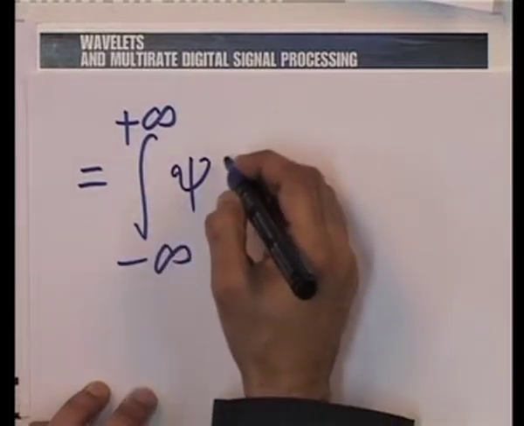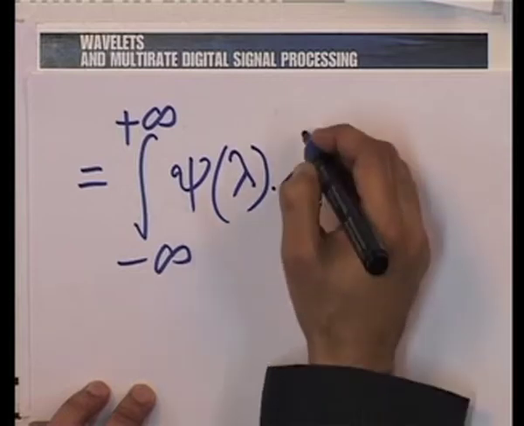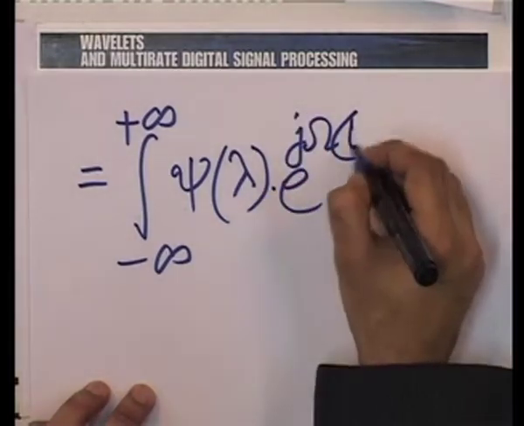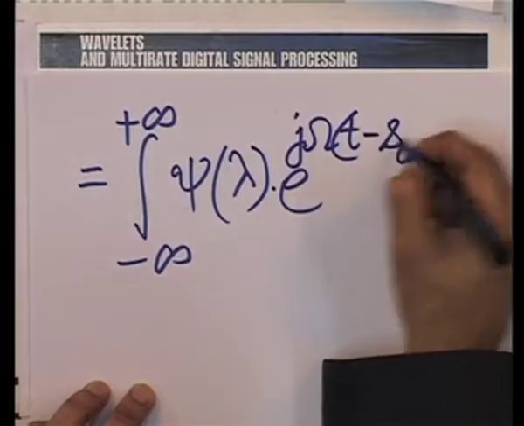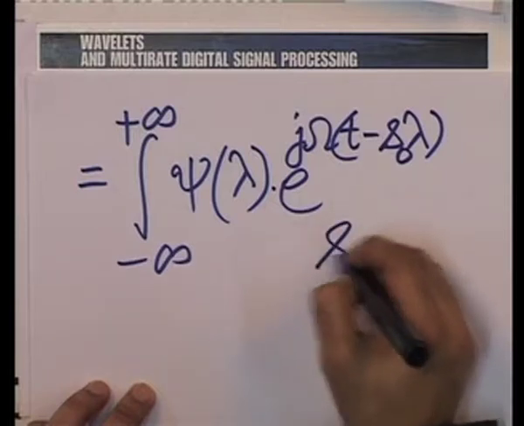So, I am just skipping those steps. Psi of lambda e raised to the power j omega times t minus s naught lambda, minus s naught becomes plus s naught d lambda.